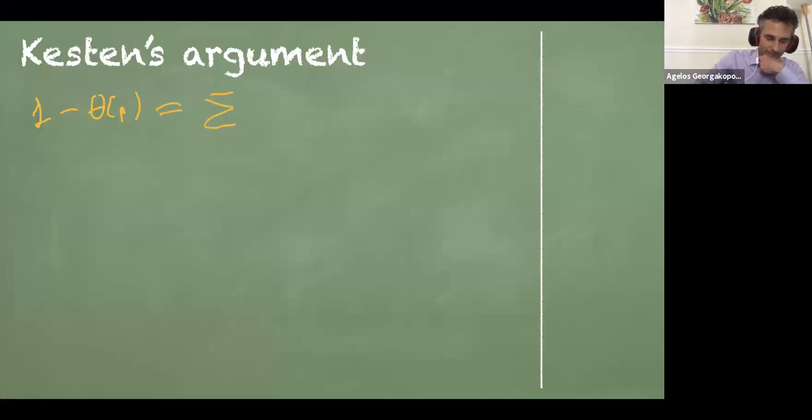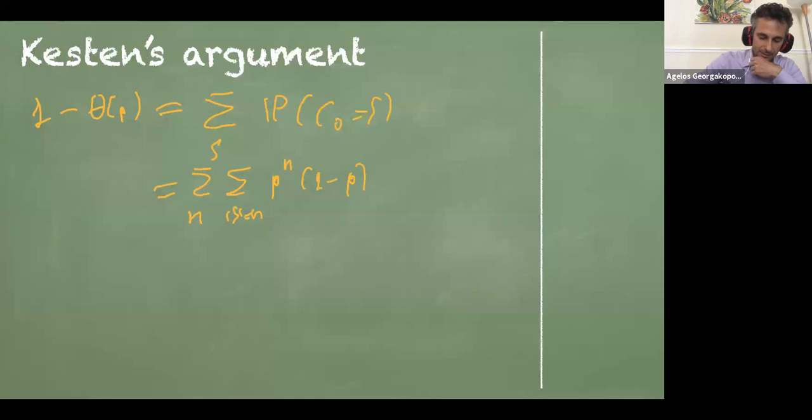You're now used to it. This is just the probability that the cluster of the origin is exactly my S.